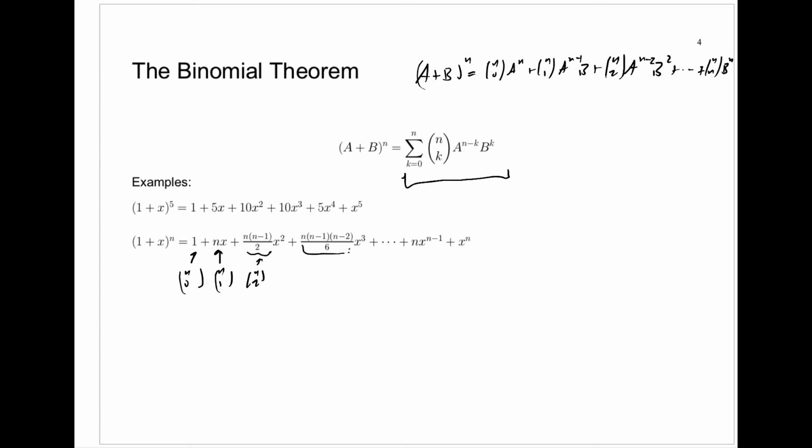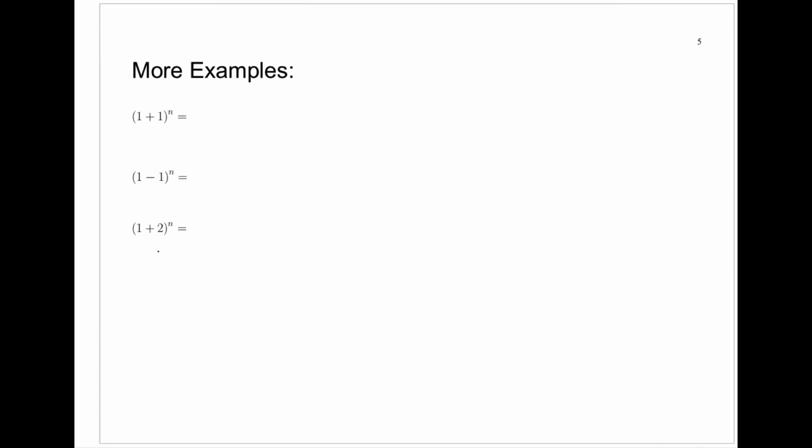This is just n choose 3, n times n minus 1 times n minus 2 over 3 factorial, and it keeps going all the way up here. You'll have n choose n minus 1, which is just n, and here the coefficient of 1 is just n choose n. So this is how you can expand an expression like 1 plus x to the nth power.